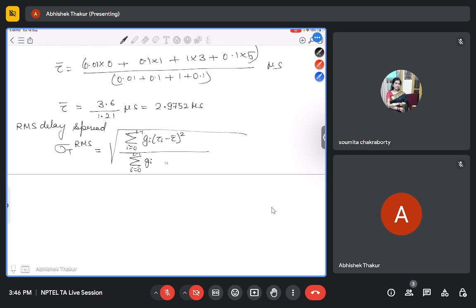So this is our RMS delay spread. So we will use the formula and find.